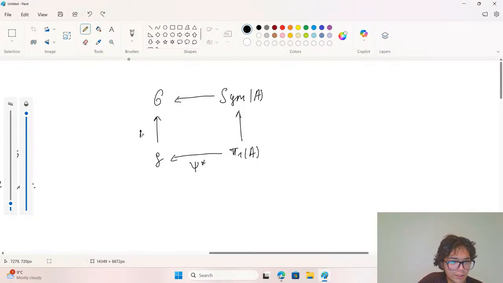I don't know the name for this, let's say I. So I2 and I1, and this is phi star. This defines dual action, or co-action.